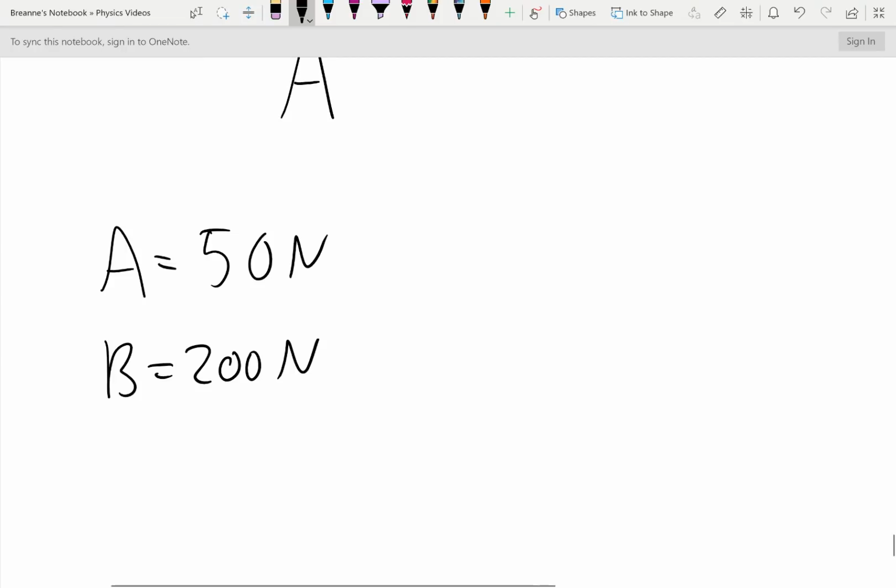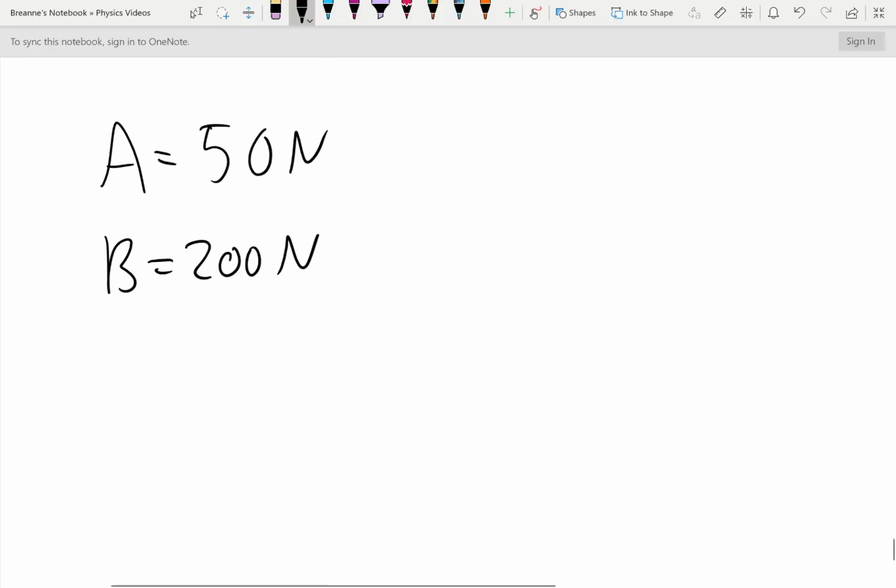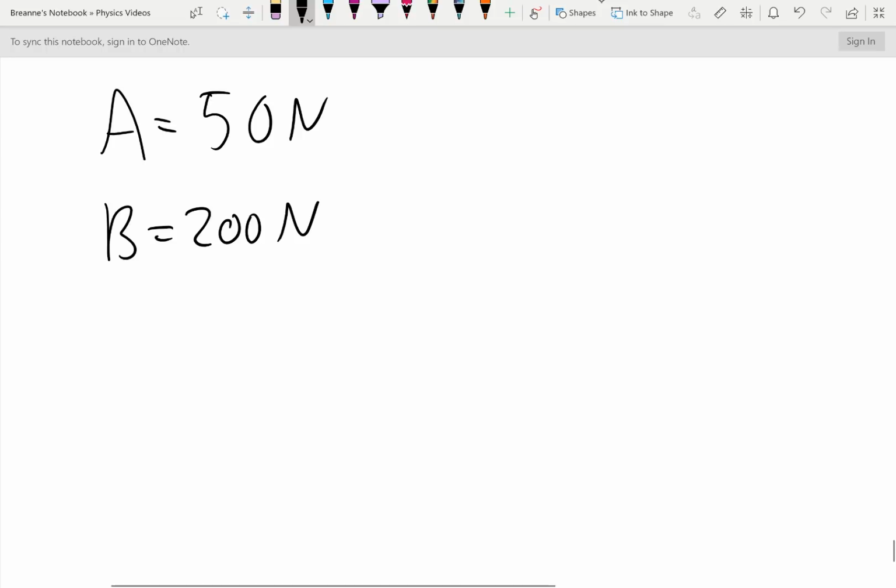The next one says your net force is 900 up. So for C, you can look at it like this. Your net force is all your forces added together. So it'd be C plus negative 200.